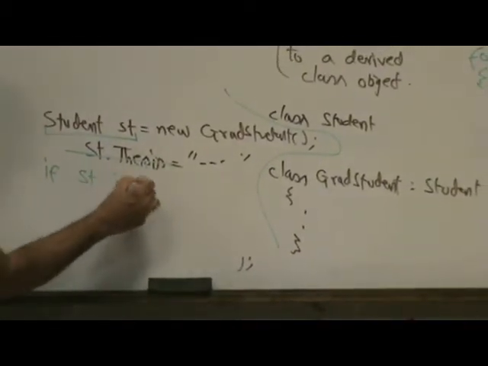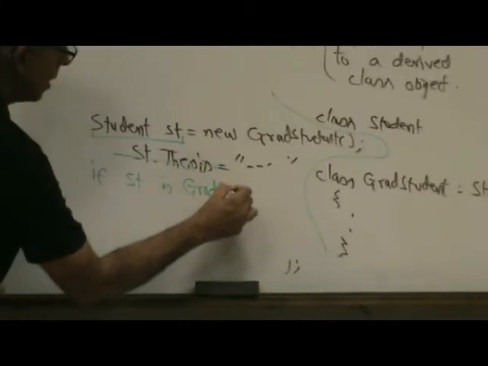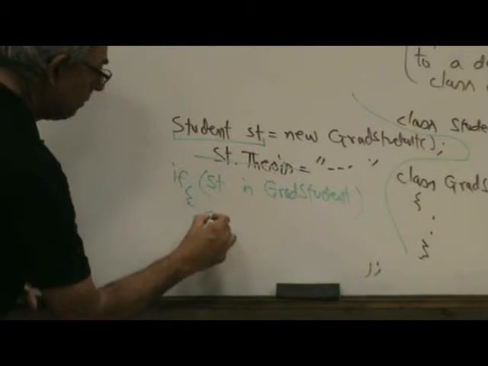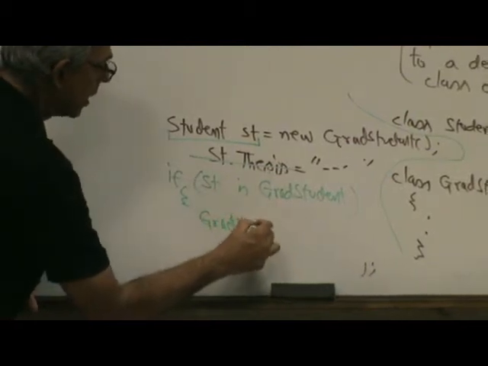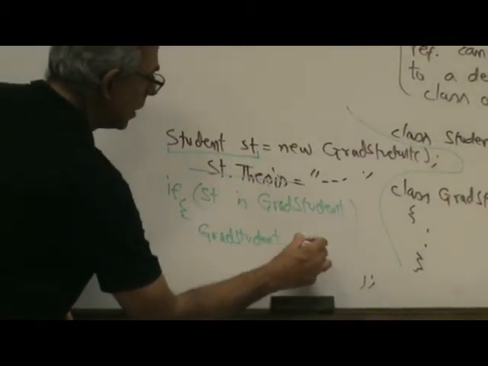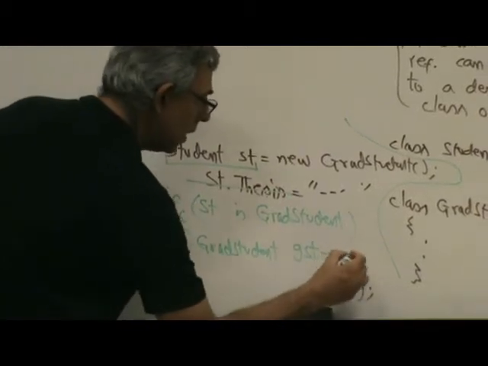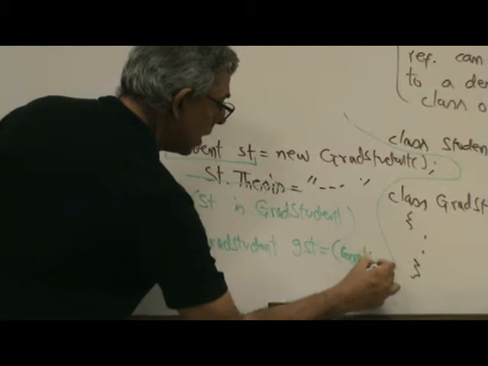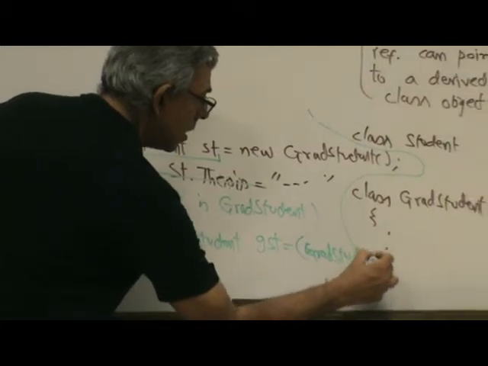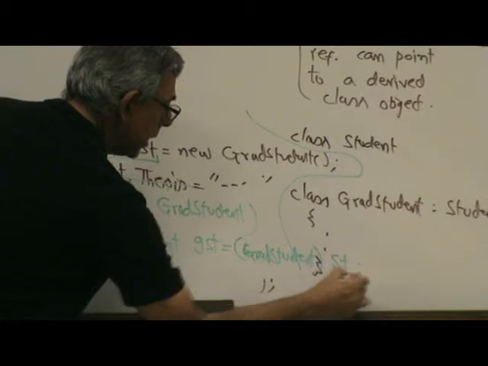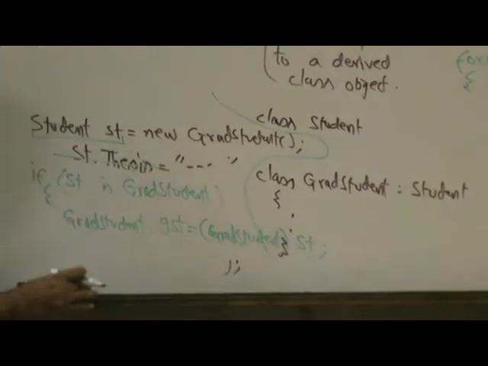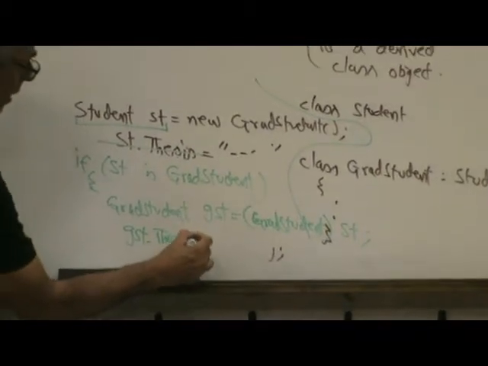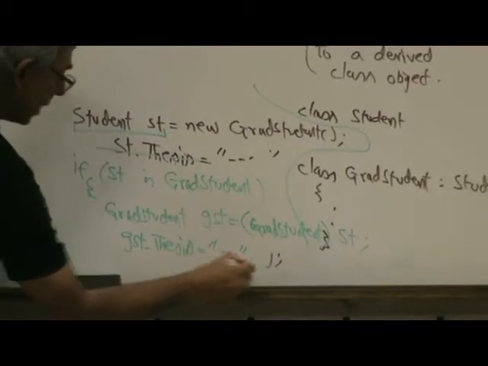If ST is, let's say, grad student, then we will create a grad student GST equal to grad student ST. So we'll make GST point to the same place too, right? And then through GST, we'll set the thesis, okay?